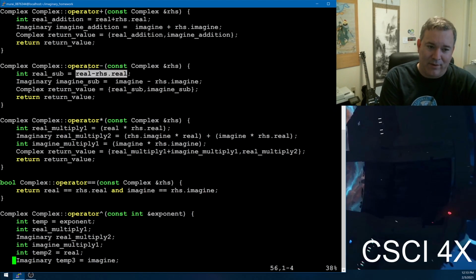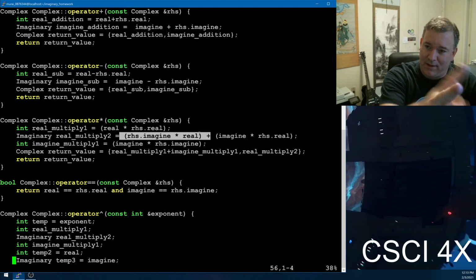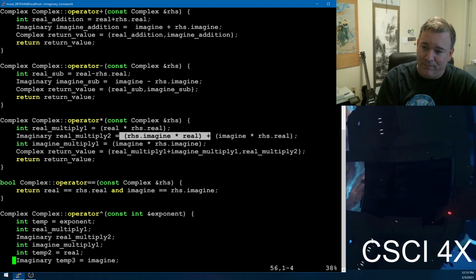So my real, me is the left side of the multiply, and so you could do this. You can multiply an imaginary times a real, but you can't multiply a real times an imaginary, because in that case the imaginary is on the right hand side. And so if you wanted to be able to do that in the opposite order, you'd have to use a free function that would take a real on the left hand side and an imaginary on the right hand side.